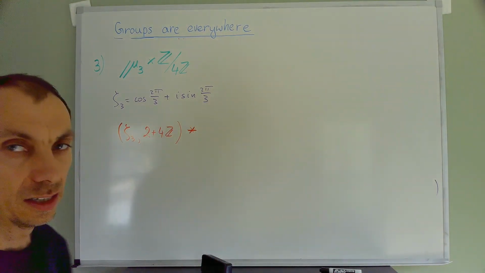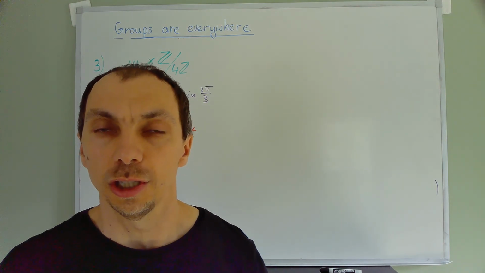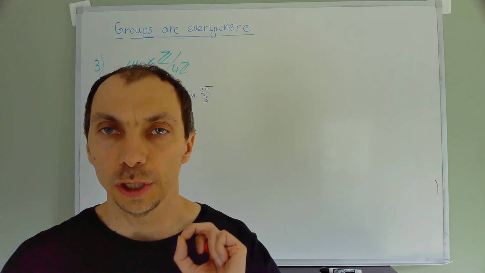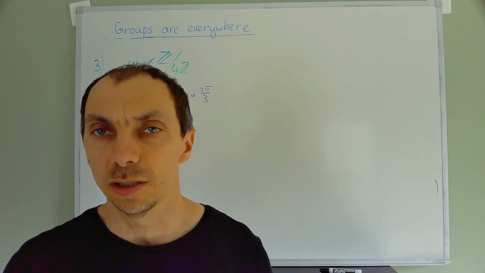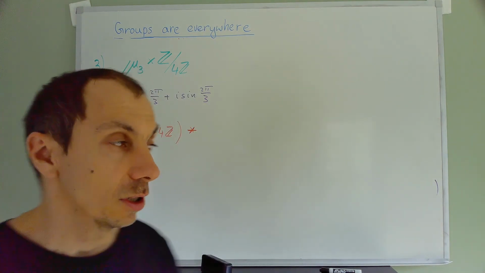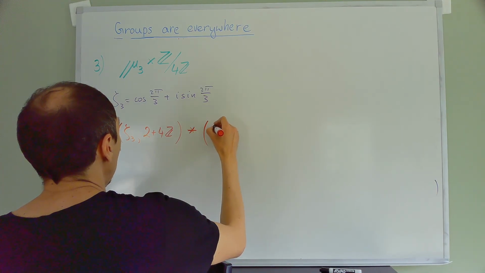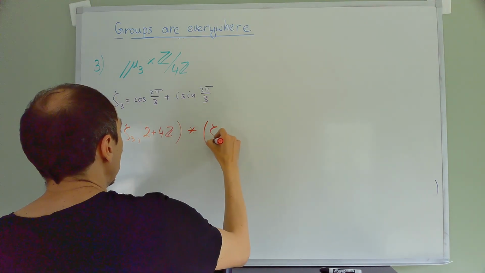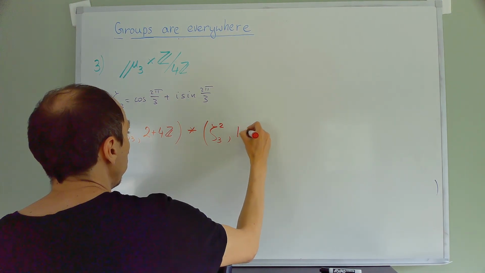Previously I put a plus, because on both coordinates I had addition in some sense. But this time on the first one I have multiplication, on the second one I have addition, so there's not really a good way to decide if I should put a plus or times there. I'm just going to put star, it's kind of a neutral thing. And then how about I do zeta 3 squared, comma 1 plus 4Z.